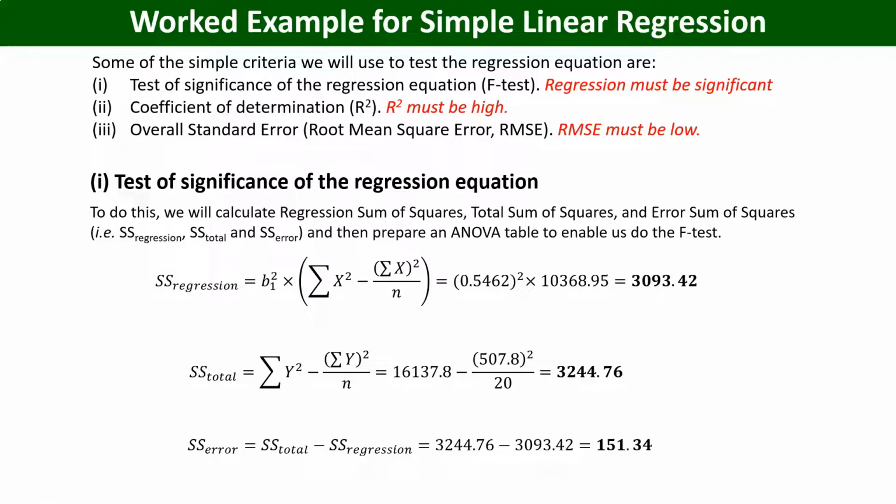And SS error is simply SS total minus SS regression. And then you check out the values there. 3244.76 minus 3093.42. And that gives us 151.34. So that's our answer for SS error.